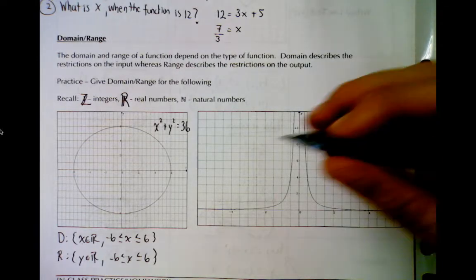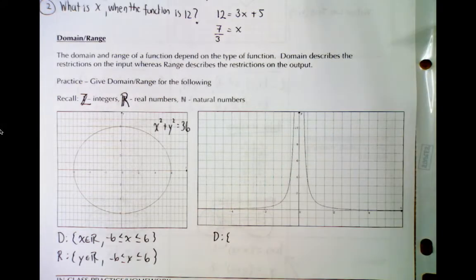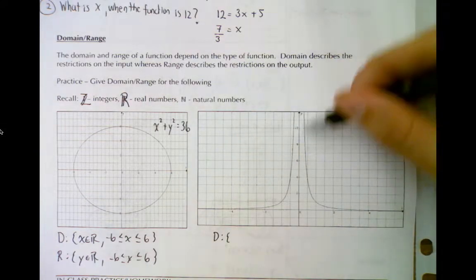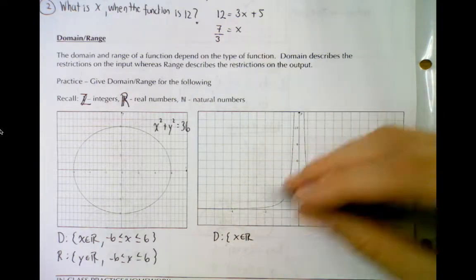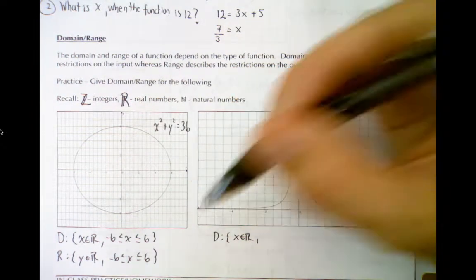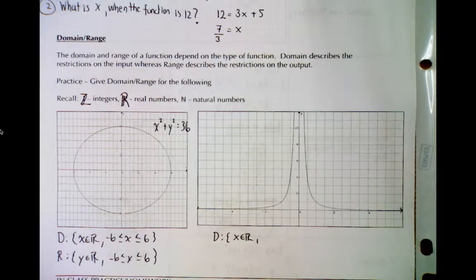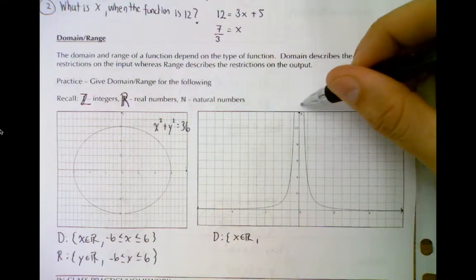Our domain describes the x's, and since we're connected with a smooth curve, we know that x belongs to real. And we can assume that it goes all the way to the left and all the way to the right because it goes off the graph. We have every x value that it appears except for whatever's in this gap in the middle.